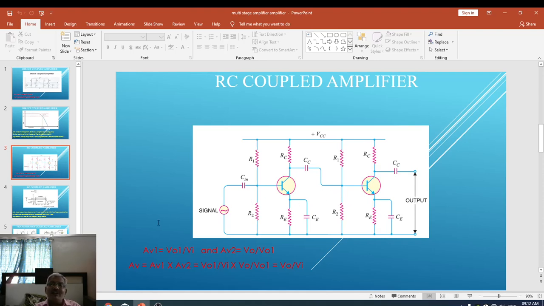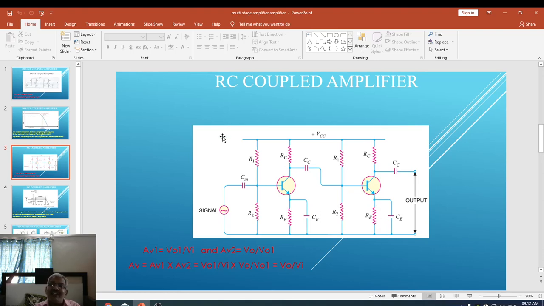If AV1 is the gain of the first stage, given as VO1 upon Vi, where Vi is the input voltage and VO1 is the output voltage, which is the input for the second stage. And if AV2 is the gain of the second stage, then AV2 is equal to VO upon VO1, as the output voltage of the first stage is again amplified by the second stage.